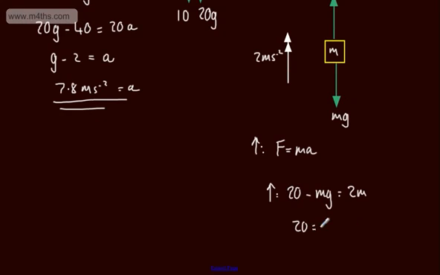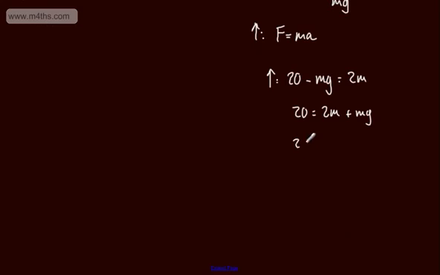We can say 20 is equal to 2m plus mg. Factoring the m out, 20 is equal to m times g plus 2. 9.8 plus 2 is 11.8, so the mass would be 20 over 11.8, and again that would be in kilograms.